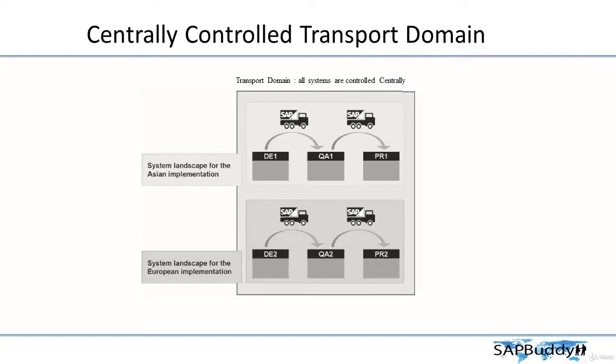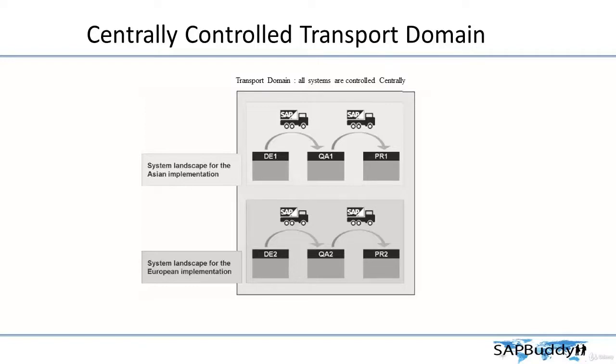You can also configure the approval step in the QA, or if you want to have a separate approval system, then you can have one more system in the middle of QA as well as PR, which will be used only for the approval process. That is also possible. You can have one approval system in the middle, so that the QA system is separated from the actual approval system.